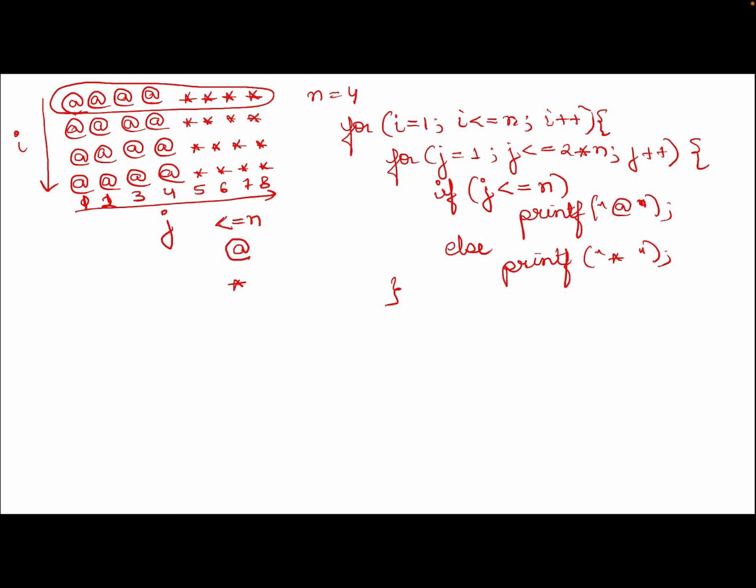And once I print this single line, the control should come to the next line. So I will print a new line character here.